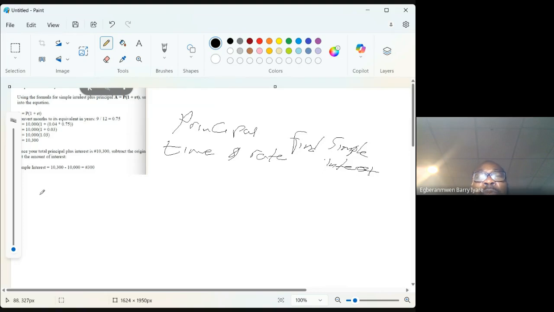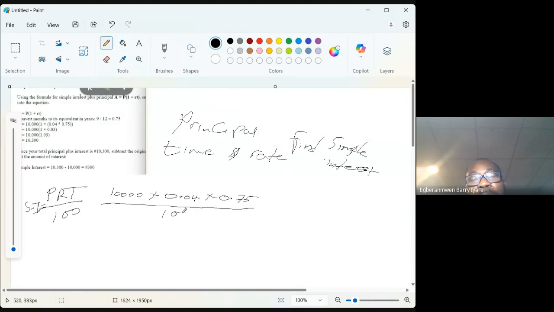The formula for calculating simple interest is I equal to PRT. This one is straightforward. You can use this one to solve that problem instead of going through the amount first, and then subtracting to get the interest. You substitute directly. In place of P, you put 10,000. In place of R, you put 0.04. In place of T, you put 0.75. You multiply, you will get 300. This is straightforward.